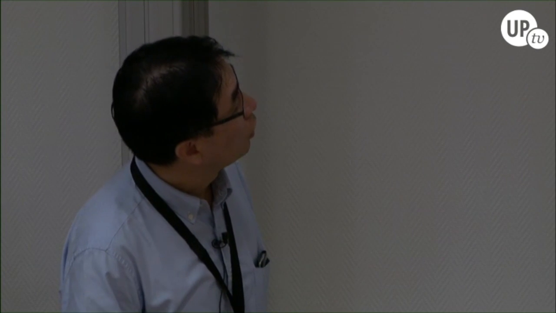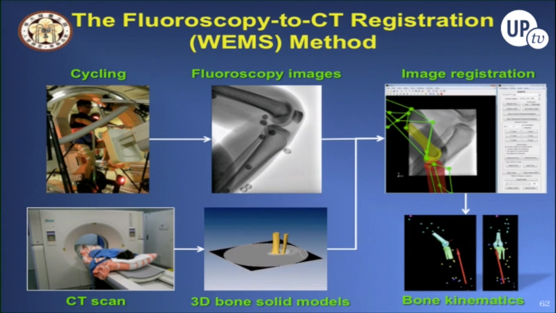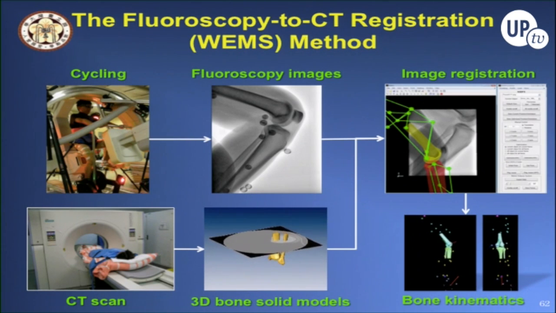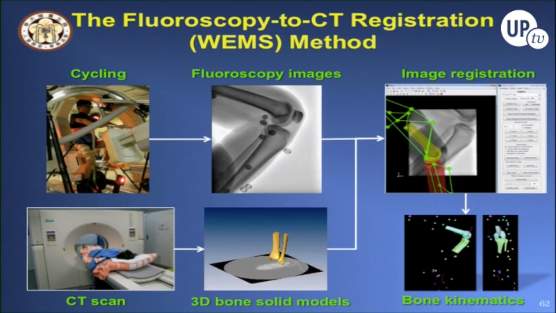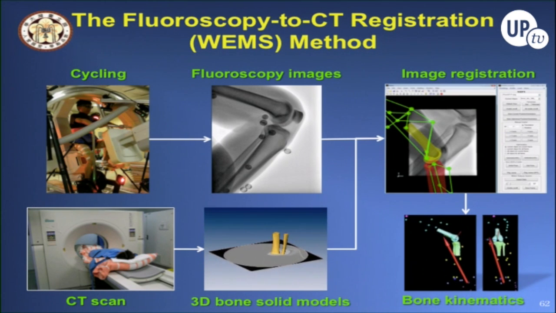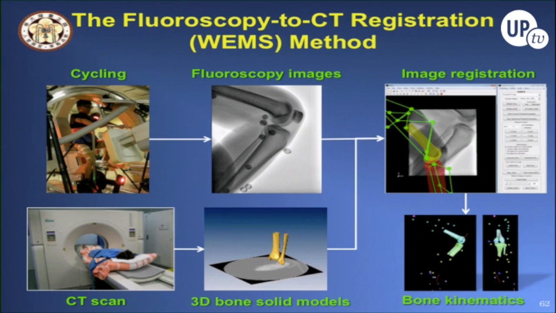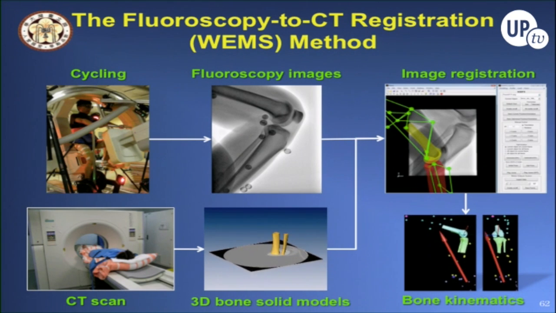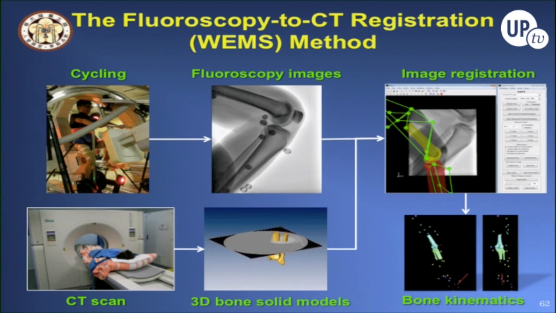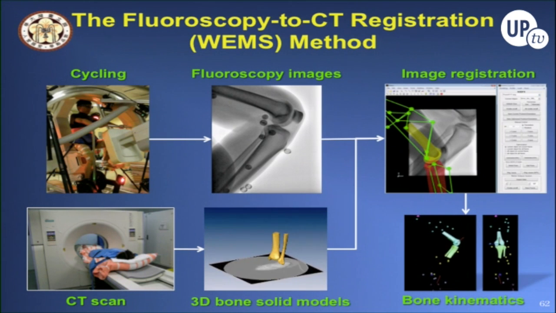And we put 4 markers there so that we know the direction of the ground reaction forces. And similar to our medical imaging methods, we have biplane fluoroscopy images here, we have the CT scan of the model, and our software system registers the two together to get the motion of the knee. And not only the joint, but also all the markers on the body, and also the pedal reaction forces.